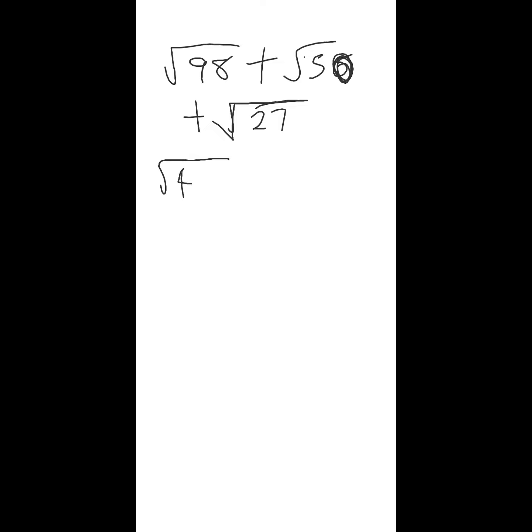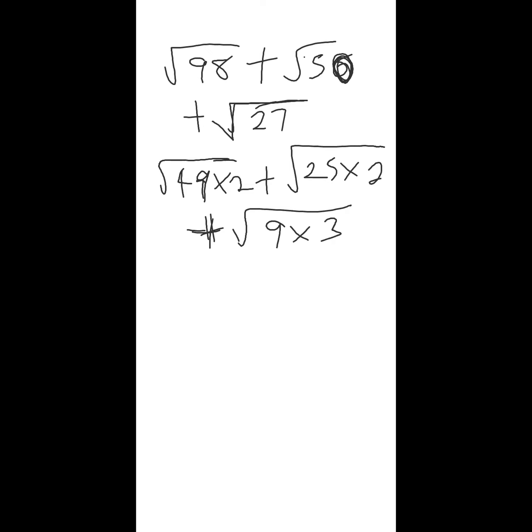So I'll write 49 times 2, plus square root of 50 will give me 25 times 2. And then for square root of 27, what can I multiply? Of course, nothing else but 9 times 3.